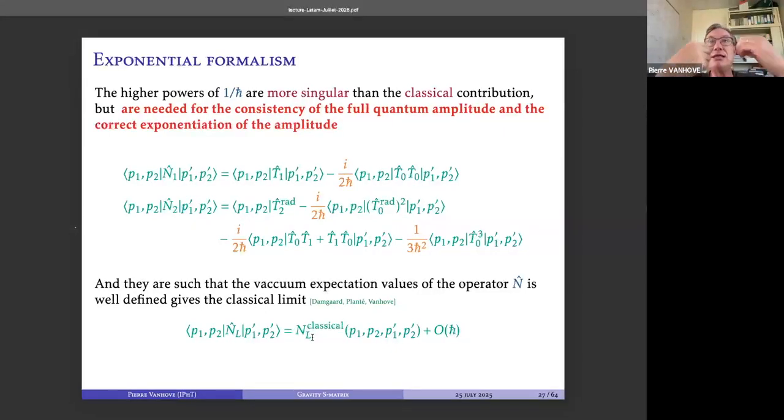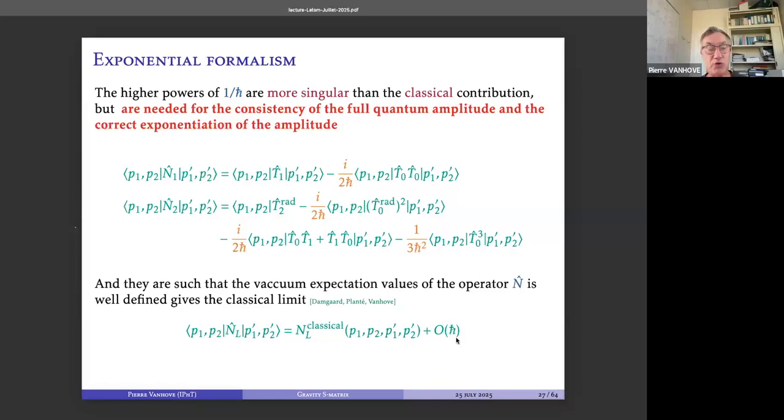If there exist extra degrees of freedom that can affect the way gravity propagates, this is a way to put it in the formalism. If you think there is some extra dimension, you can also compute the amplitude and extract how it changes the form of your scattering amplitude in 4 dimensions. So this is for the classical bit.